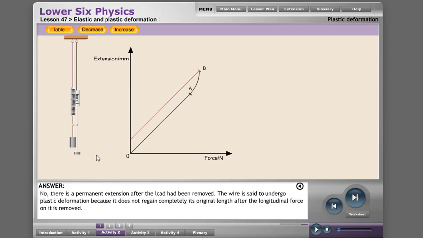Answer: no, there is a permanent extension after the load had been removed. The wire is said to undergo plastic deformation because it does not regain completely its original length after the longitudinal force on it is removed.